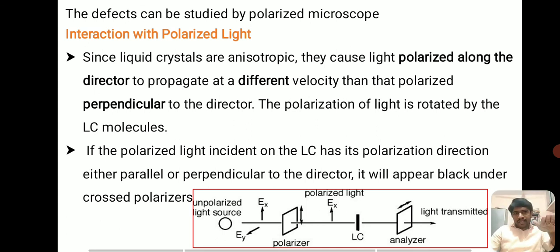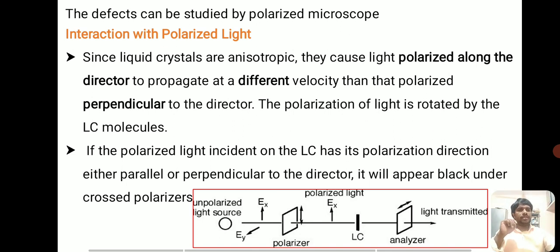If the polarized light incident on the liquid crystal has its polarization direction either parallel or perpendicular to the director, it will appear black under crossed polarizers.